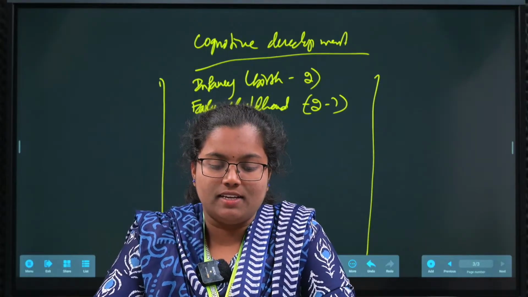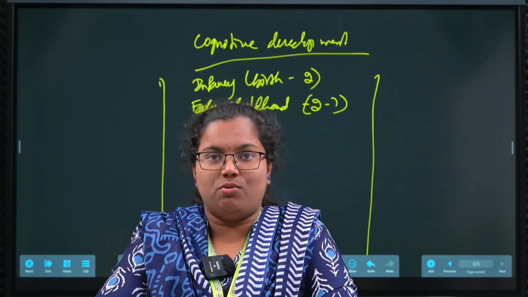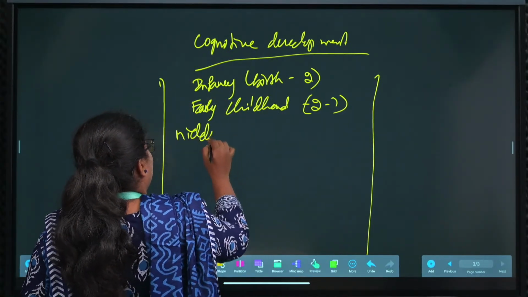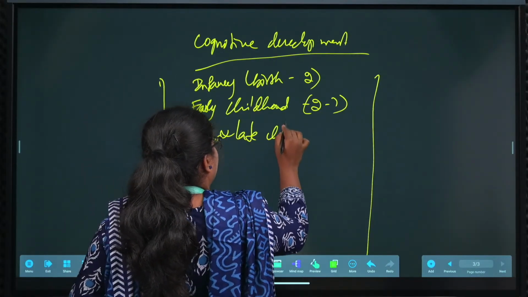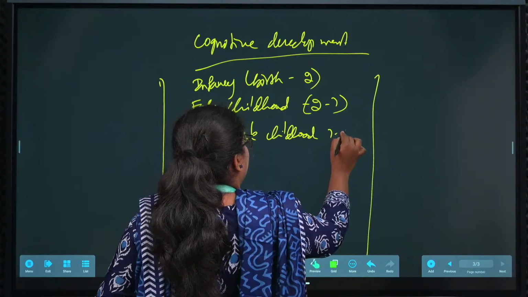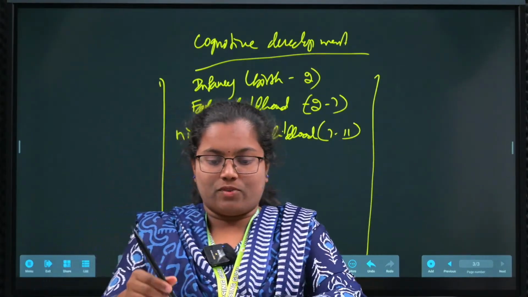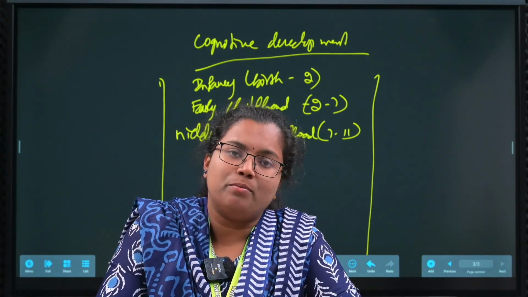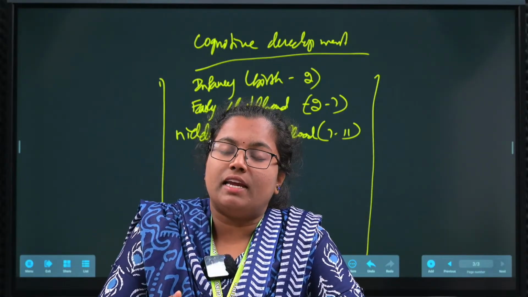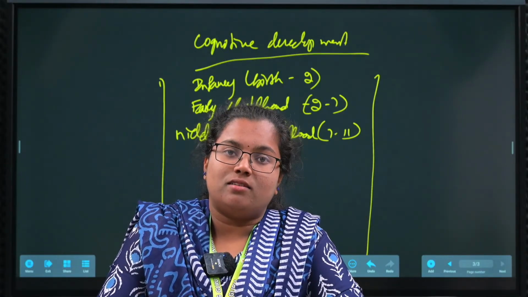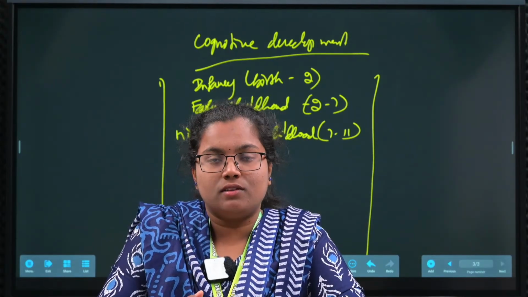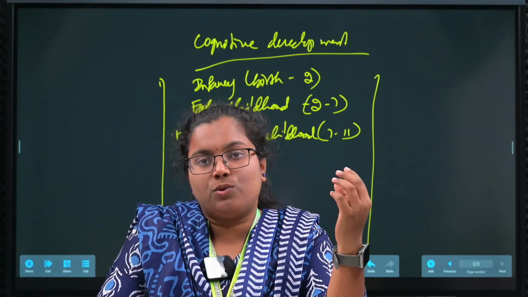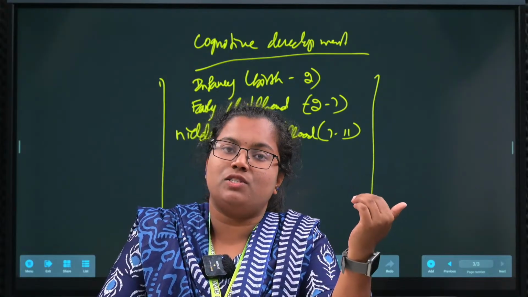And the next one is middle and late childhood, 7 to 11 years. In this time, the child's learning ability will improve. Learning ability, academic interest, curiosity to learn new things will develop in this time, from 7 years to 11 years.